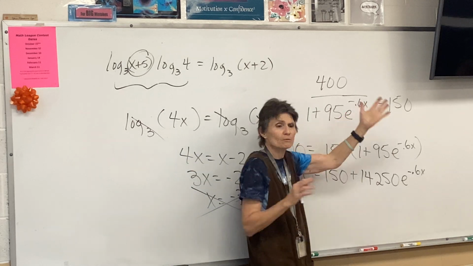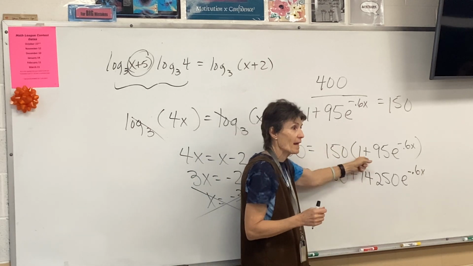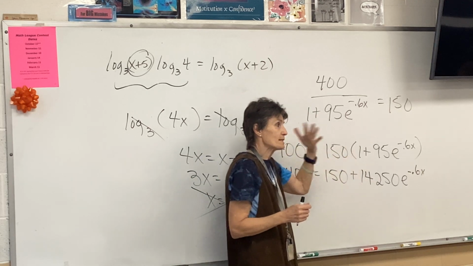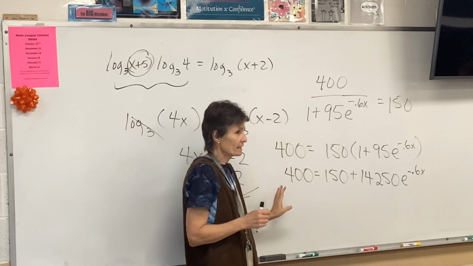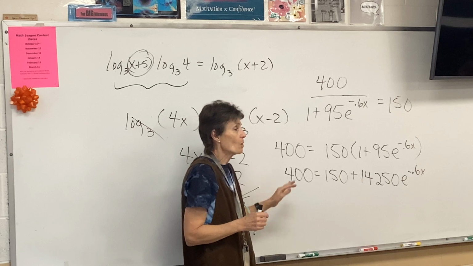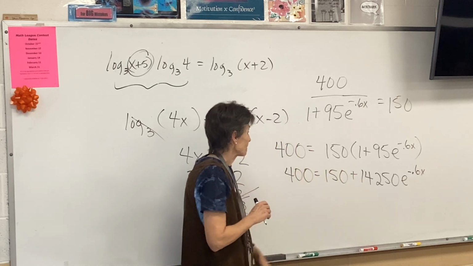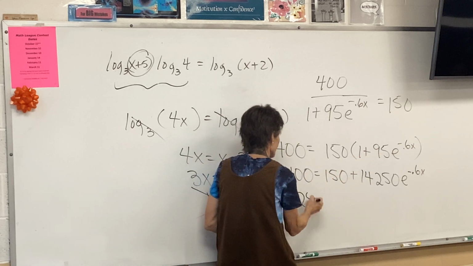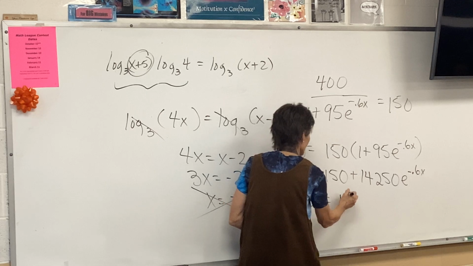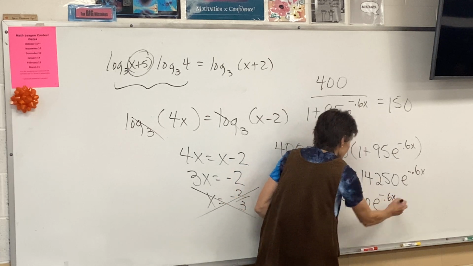Multiplied the denominator, put it as a fraction. Then I distributed. Could I divide? You can, but you're gonna get a fraction then, so it's probably easier not to, but it's up to you. Now we're gonna subtract the 150. So 250 equals 14250 e to the negative 0.6x.